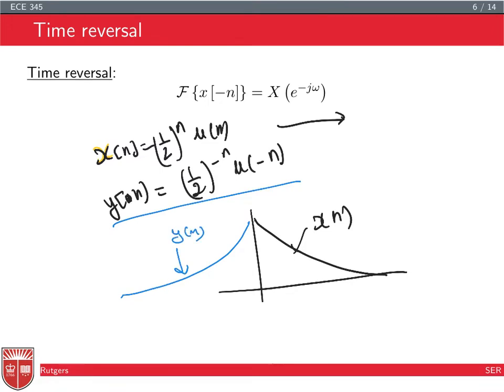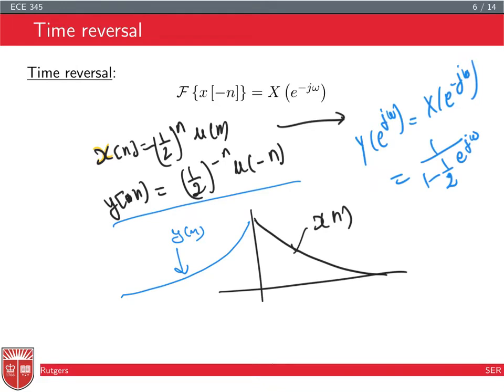Then you can obtain Y of e^(j omega) equal to X of e^(minus j omega), which in this case is 1 divided by 1 minus 1/2 e^(j omega). You just have to replace omega by minus omega. If you can see this property while working out the problem, good, you can replace it. You can easily obtain it by just applying the formula, so you don't have to remember it.